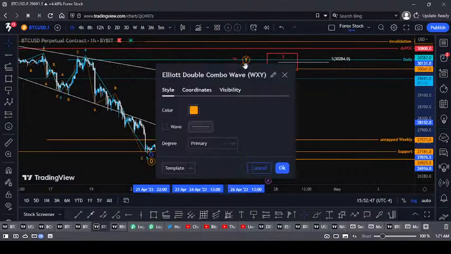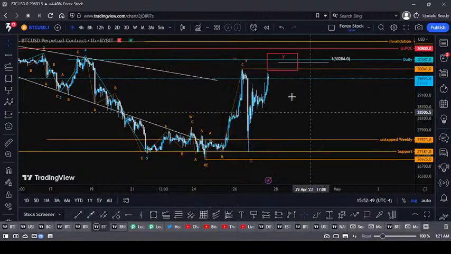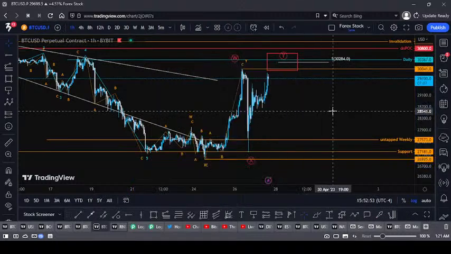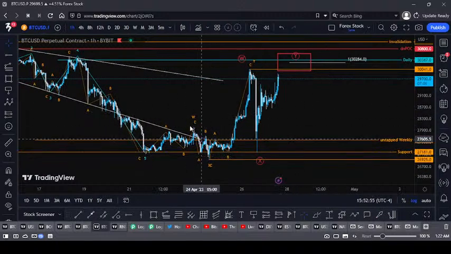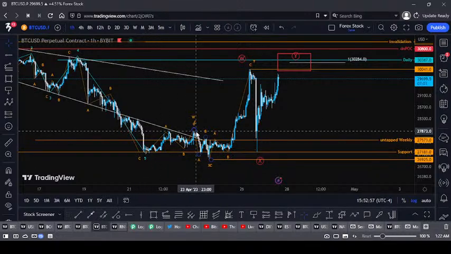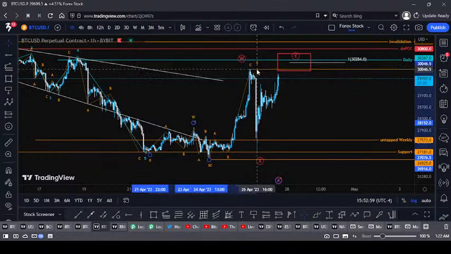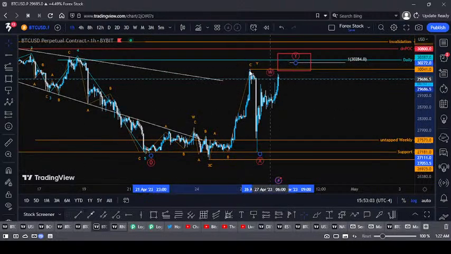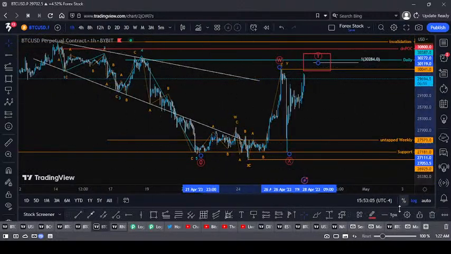Yeah, my bad. Primary. Yeah. So basically, this is the whole count of W, X, and Y here, ending here. Then it is complete from this structure.